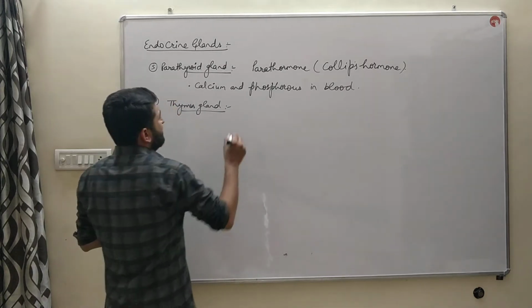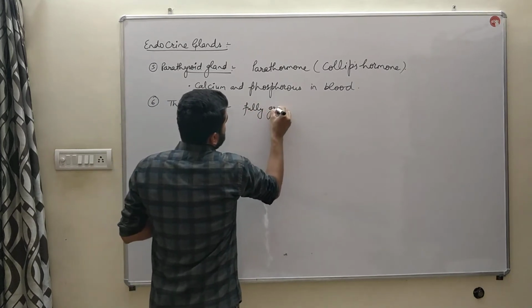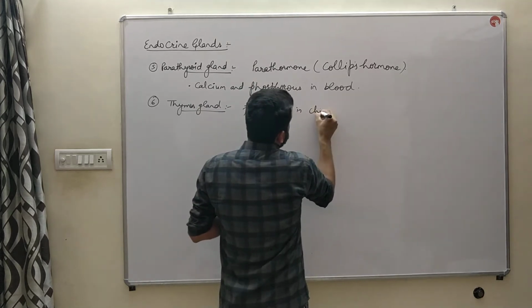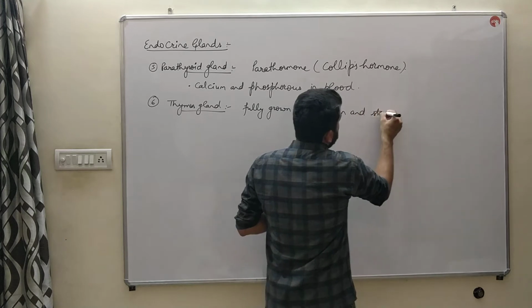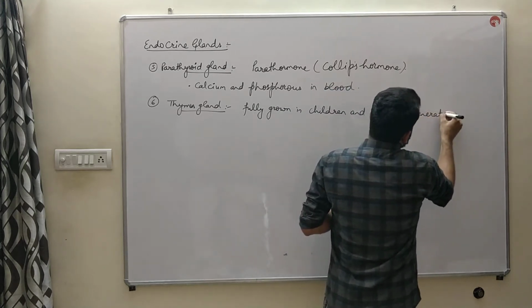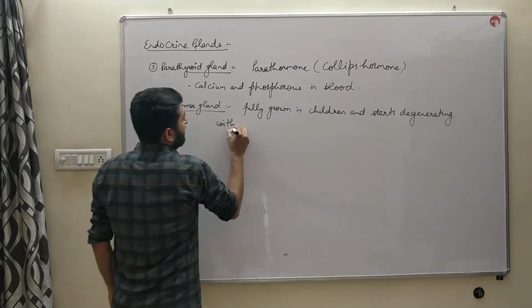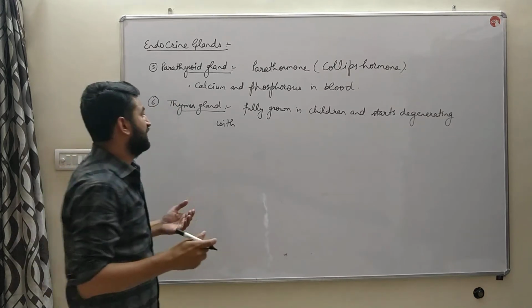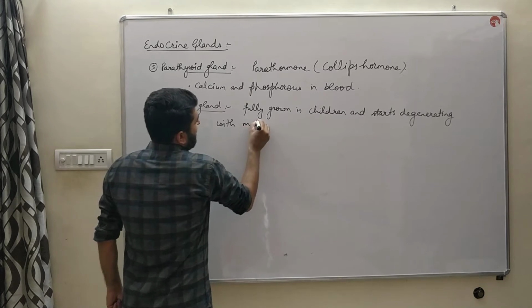This gland is fully grown in children and starts degenerating with maturity. As a person becomes an adult, slowly and steadily this gland diminishes, degrading, degenerating. So that is thymus gland.